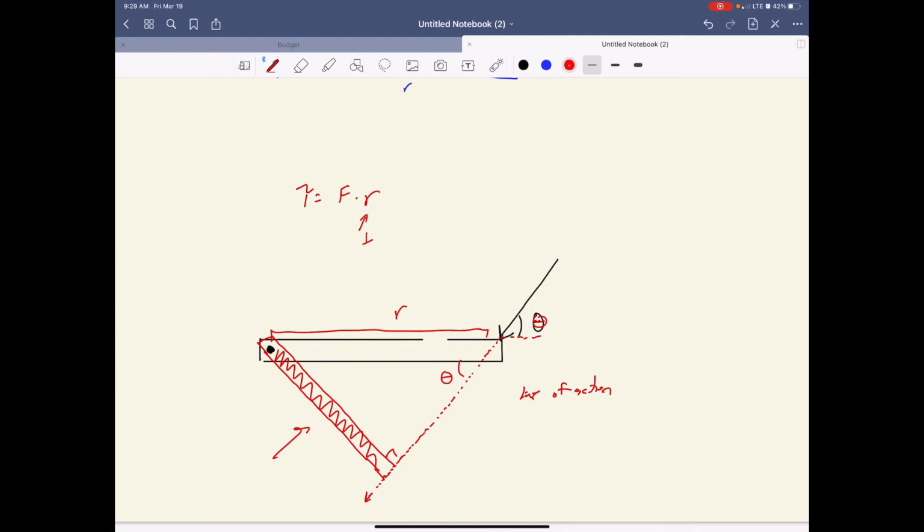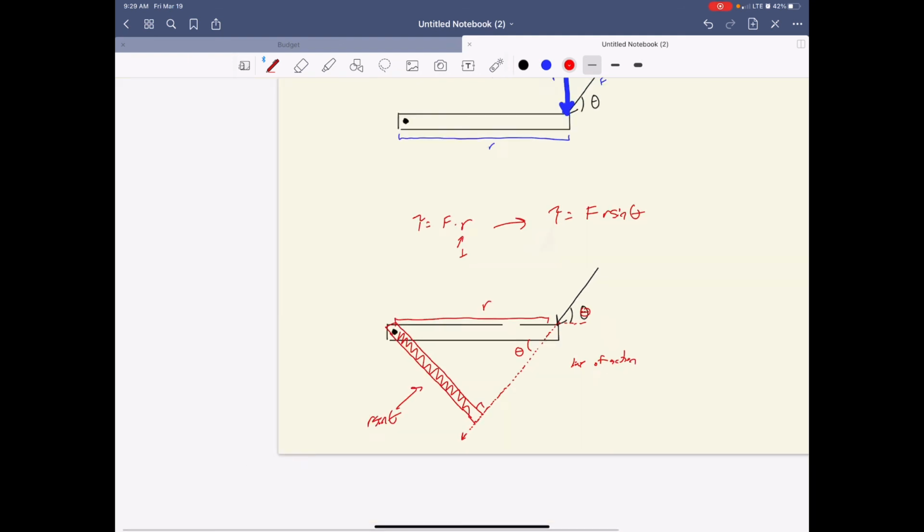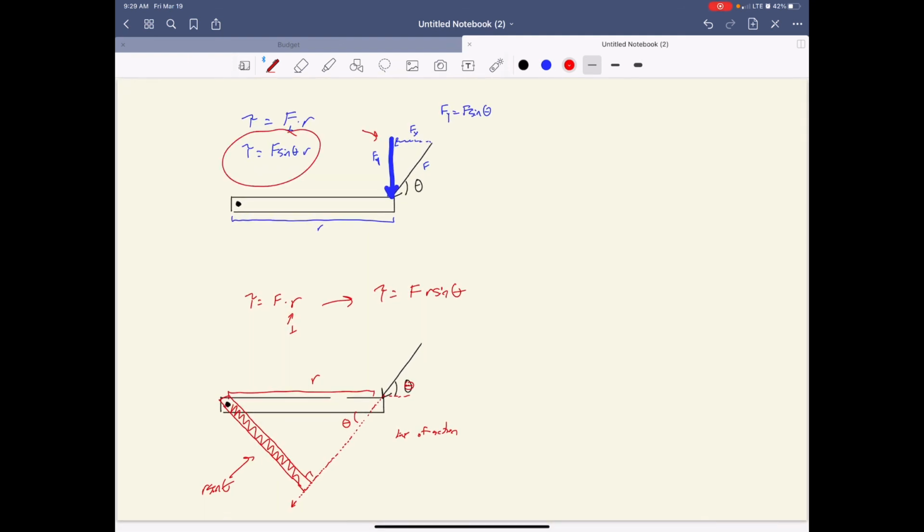So this component right here is really just R sine theta. So in their formula, the torque is going to be equal to F R sine theta. And notice up here, these two things are equivalent, right? So the physics all makes sense. You're not going to get weird answers.